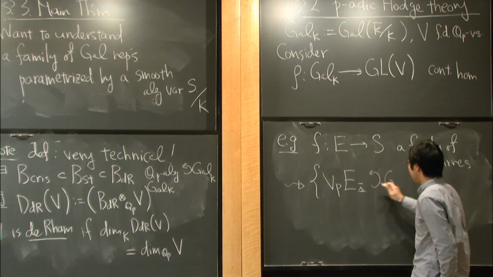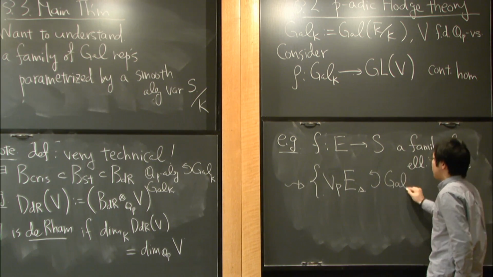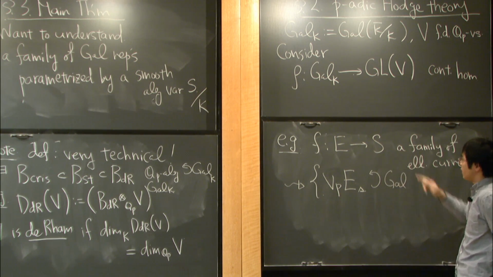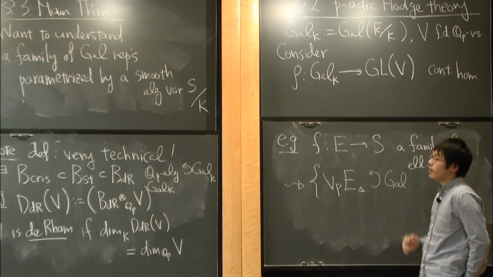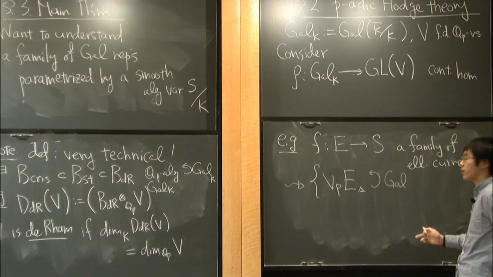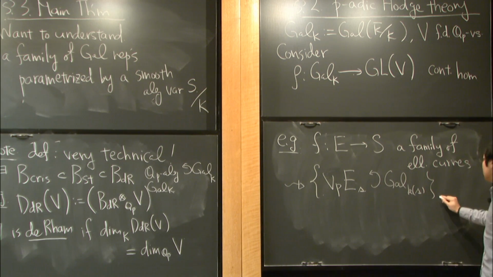For each point small s inside S, you consider the fiber, which is an elliptic curve, and consider its Tate module, which admits an action of the Galois group of the residue field of s. So naively, I want to call this a family of Galois representations obtained as Tate modules parameterized by S.